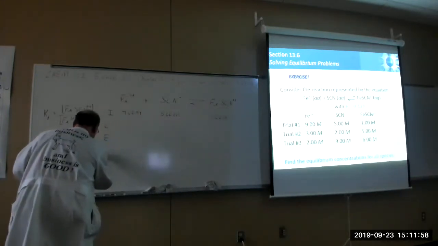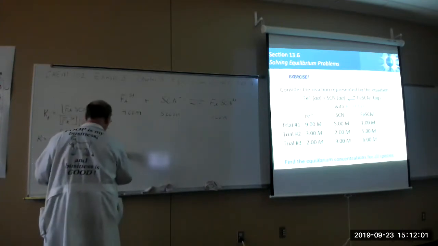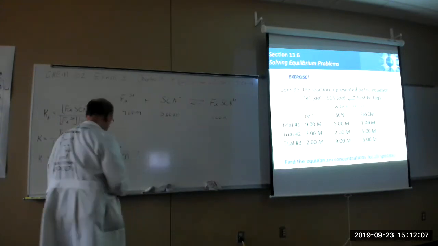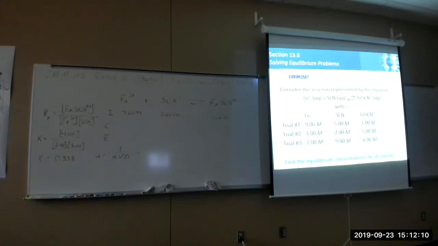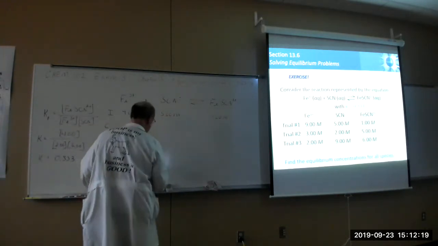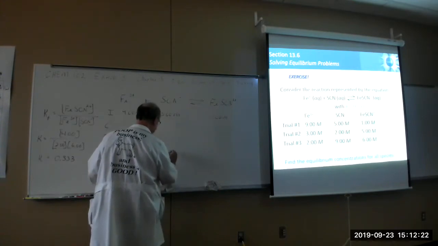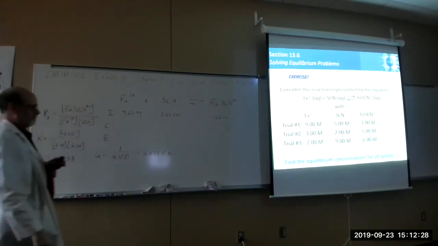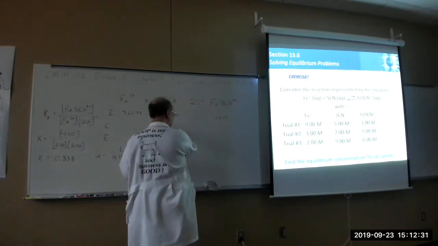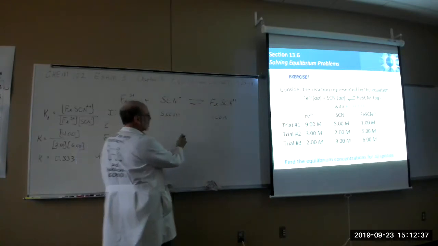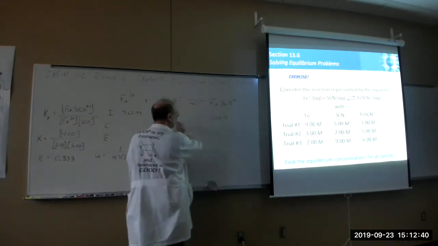So then we want to calculate Q as 1 divided by 9 times 5 equals 1 divided by 45, 0.022, which is much less than K. So less than K means that direction, right? Greater than K means this direction, right? That's because our Q value says that this is very small, which means it wants to go that way.